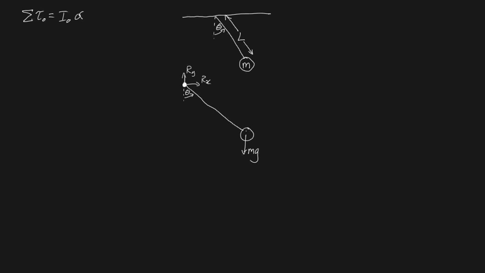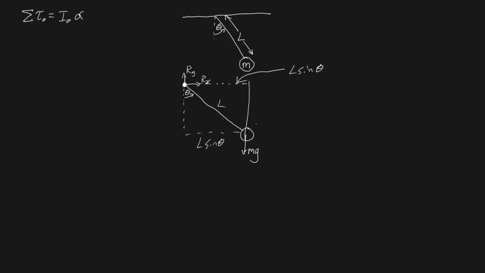We know there's only one force, and if you can imagine it, this force is really just a vector, and it's going to be going like that. And the torque done by that force is just going to be that force multiplied by your perpendicular distance. That shouldn't be anything new to us. And this perpendicular distance, what is that? Well, if this is L, that means this distance is L sine theta, which is the same as that distance, so this is just going to be L sine theta as well.